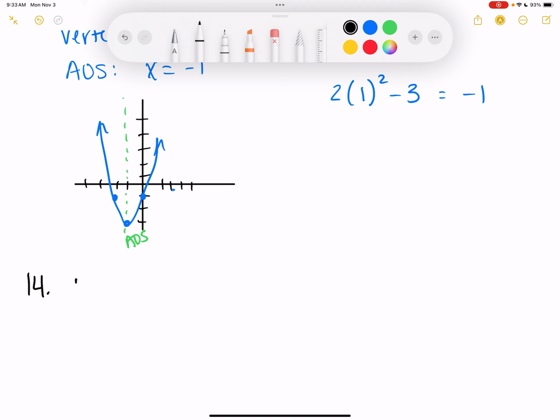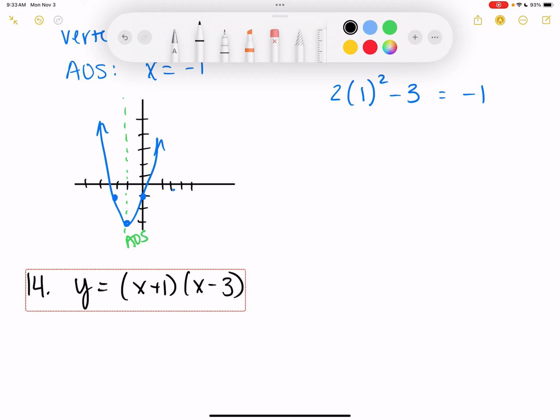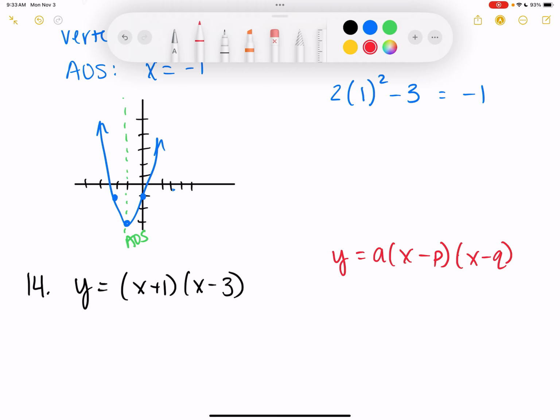So 14, we have y equals x plus 1 times x minus 3. So intercept form is y equals a times x minus p times x minus q. The vertex is at p plus q over 2.